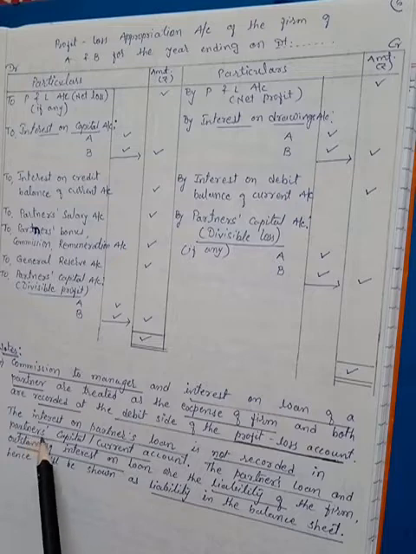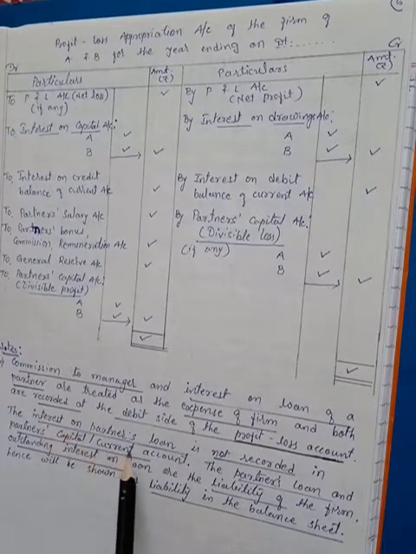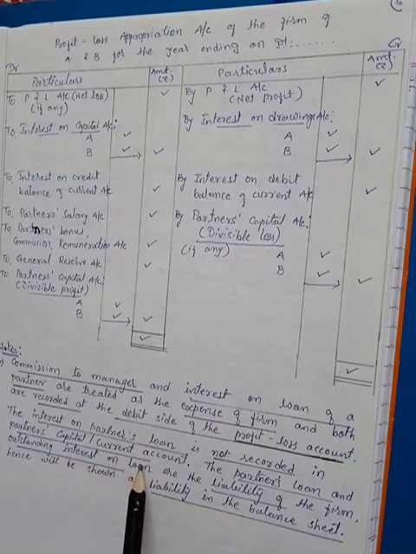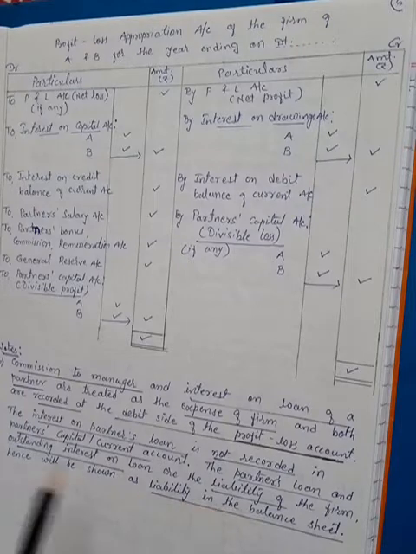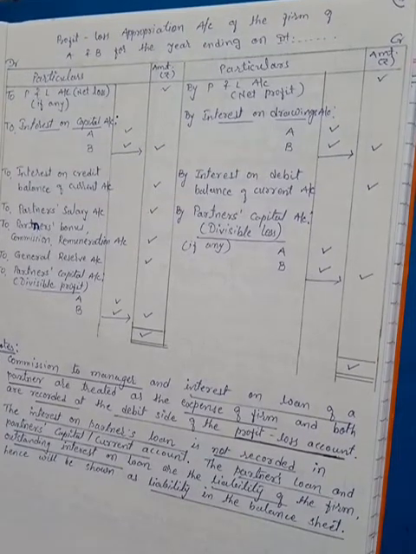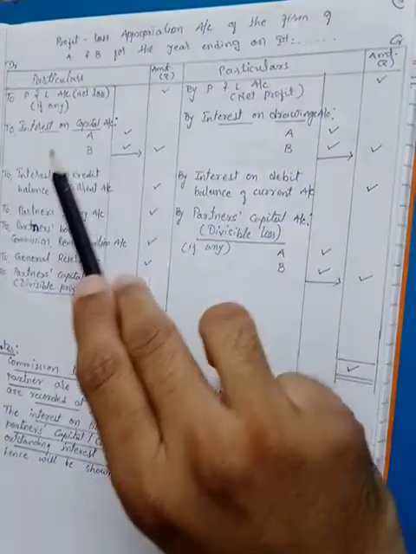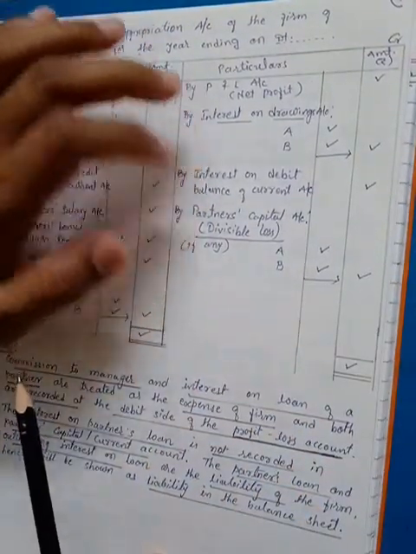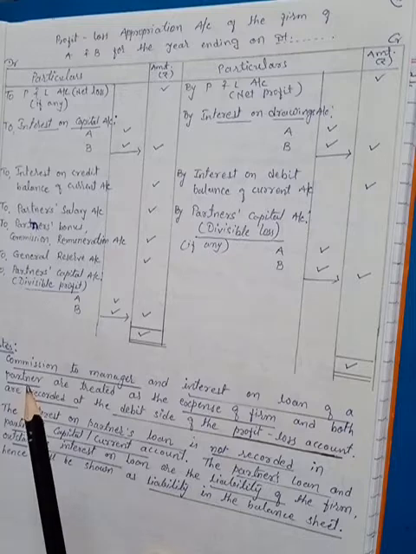And another thing, the second note: the interest on partner's loan is not recorded in the partner's capital or current account. The partner's loan and outstanding interest on loan are a liability of the firm, hence will be shown as a liability in the balance sheet. All the other things we have discussed are related to partners, so they are recorded in the partner's capital or current account.